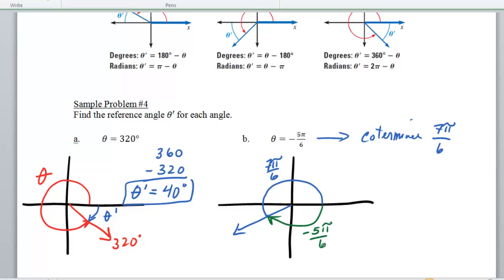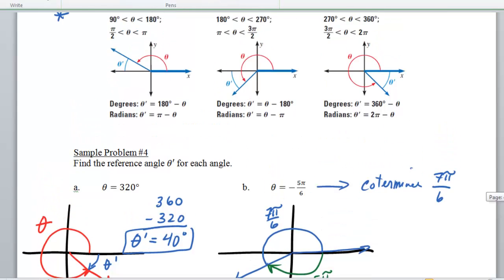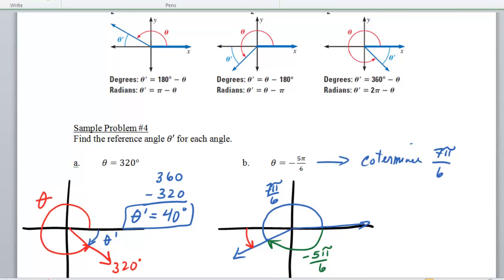And so that allows us to come up with our terminal side. And of course we're starting all of this from our initial standard position. Now what we're looking for is the reference angle of this. And so we can see here we're in quadrant 3. The reference angle is actually going to come from the x-axis here. And so that's what we would call our theta prime.